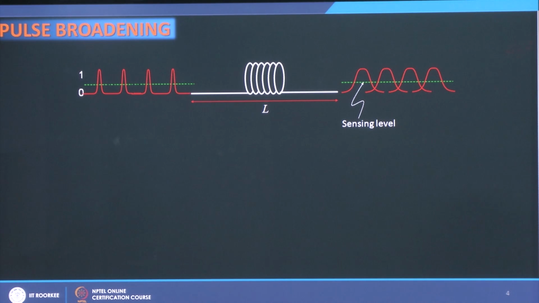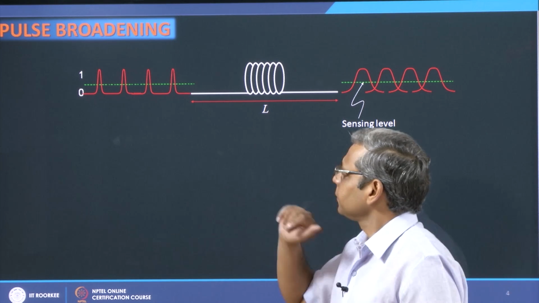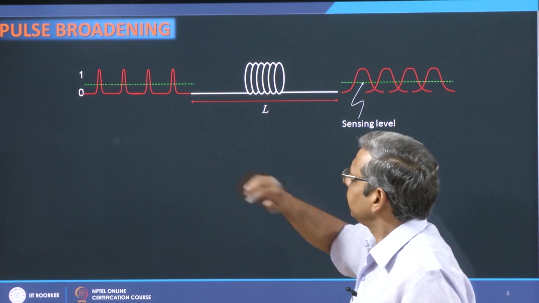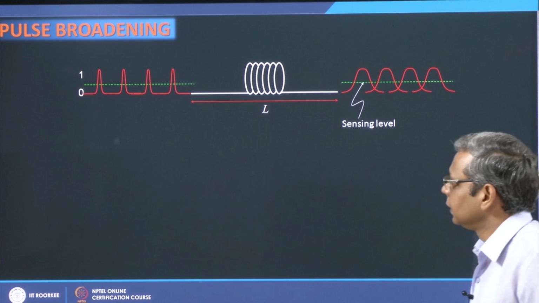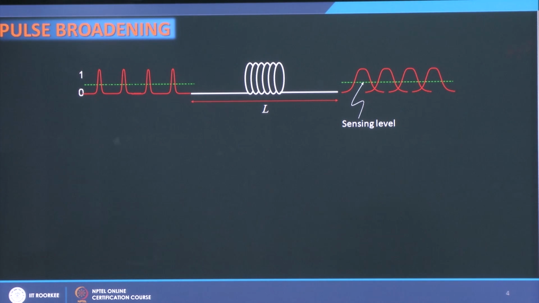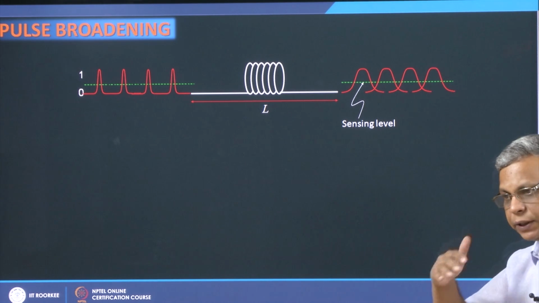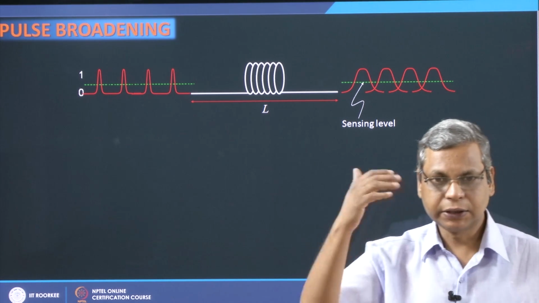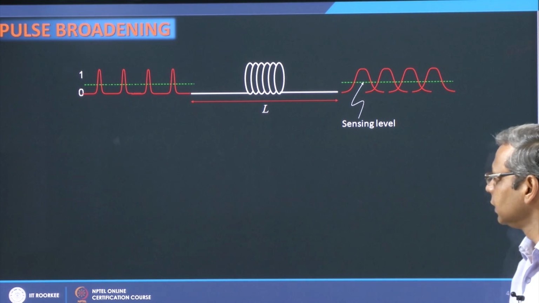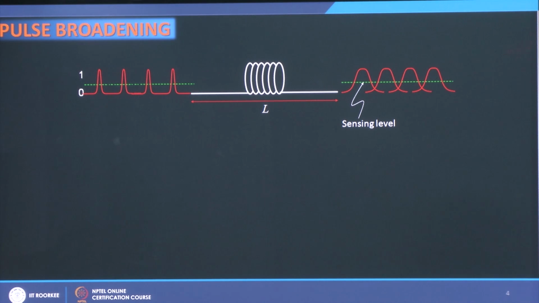So, this is the input pulse train. Let us say this green line represents the sensitivity of the detector. So, anything which is below this would be recorded as 0 and anything which is much above this is 1.